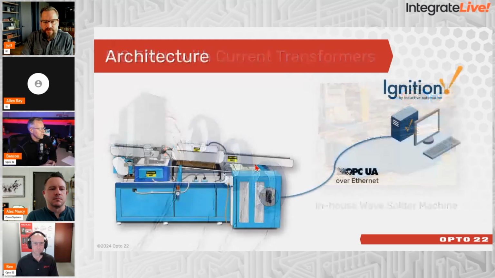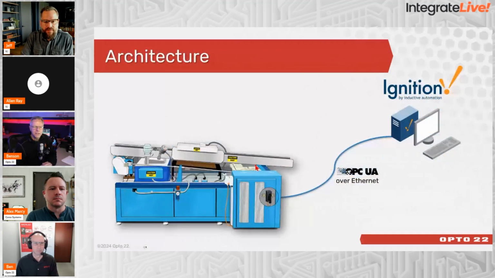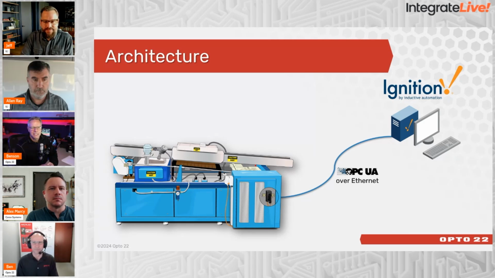All right, so let's take a look quickly at the architecture. If you've been to some of our IntegrateLives before with Opto, Ignition, and many of the system integrators we work with, our architectures are generally a lot more complex. But this one's pretty simple. It's really an EMU connected over Ethernet back to Ignition.